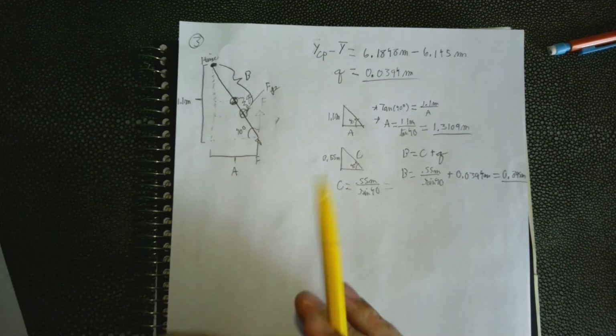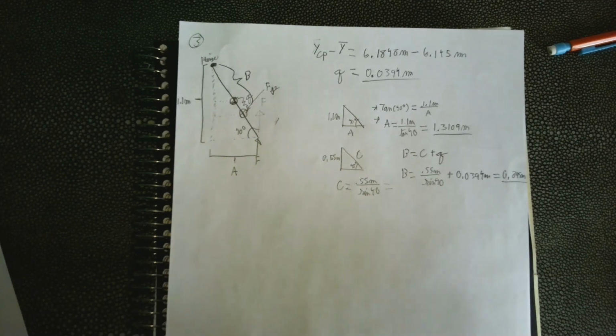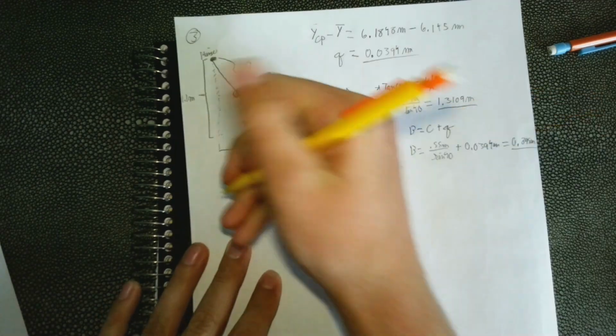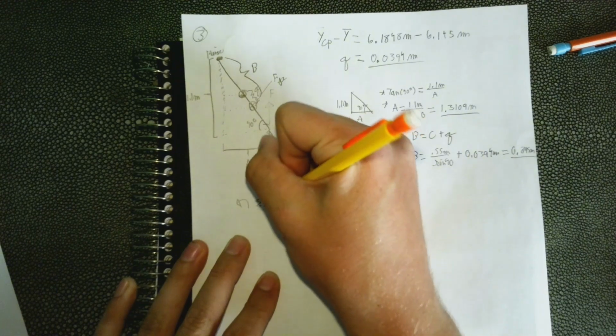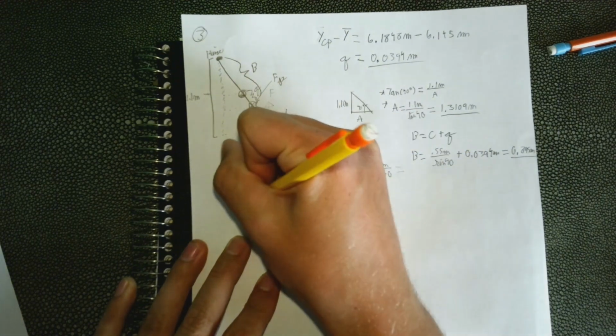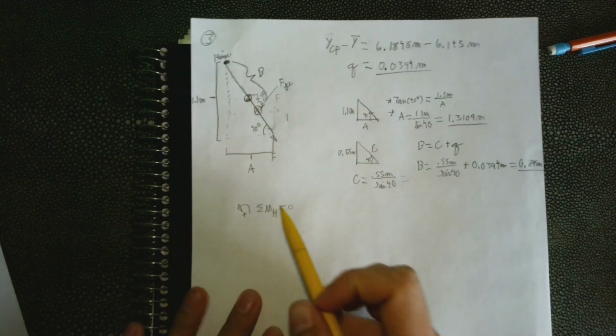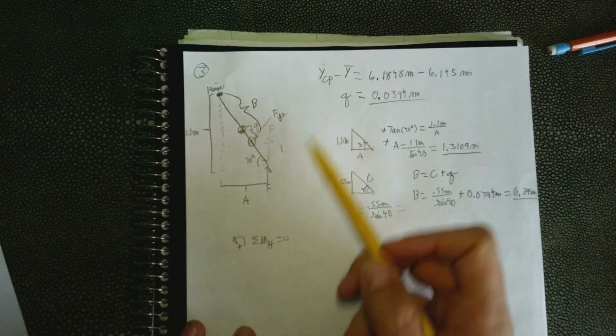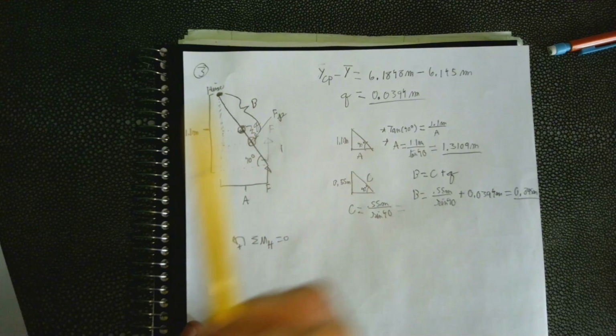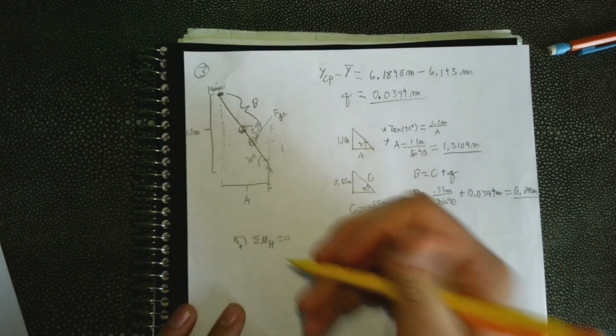Okay, so we found those perpendicular distances, so now we're ready to take our moment about the hinge. We'll say that clockwise is positive. So force pushing up, that's moving this way, which is counterclockwise, so it's positive.